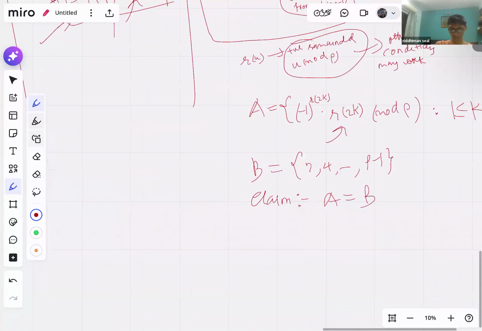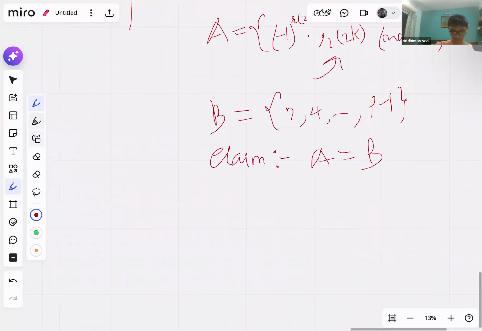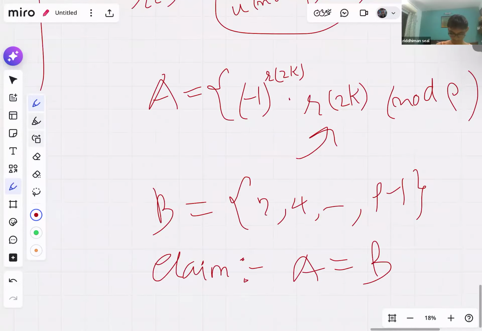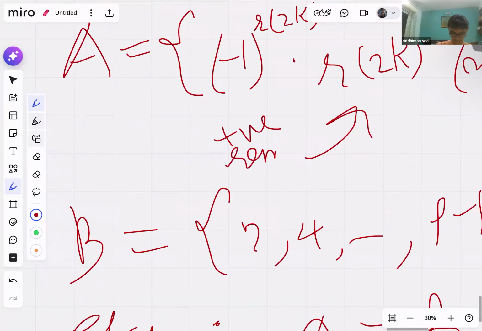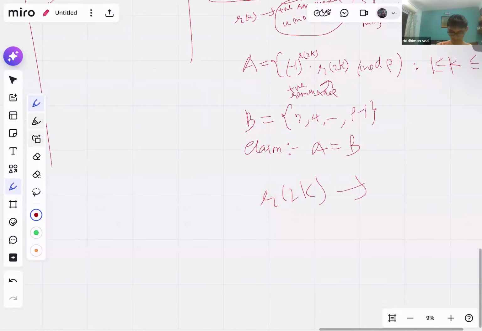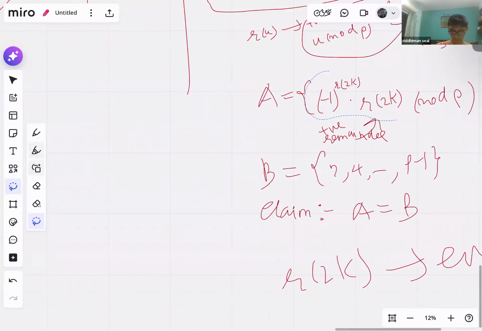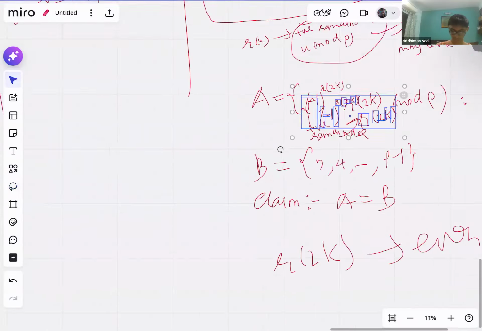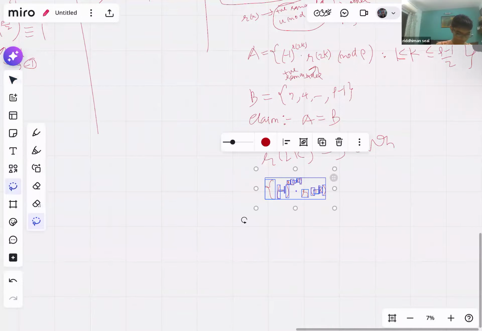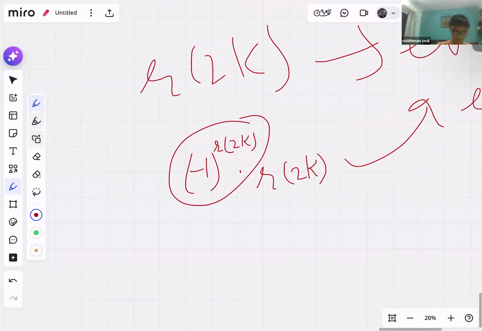So what we claim is that A is equal to B, right? The first thing you see, wait, this is positive remainder. If R of 2k is even, then this term, minus 1 to the power of R of 2k times R of 2k, is also even, because the sign just becomes 1.